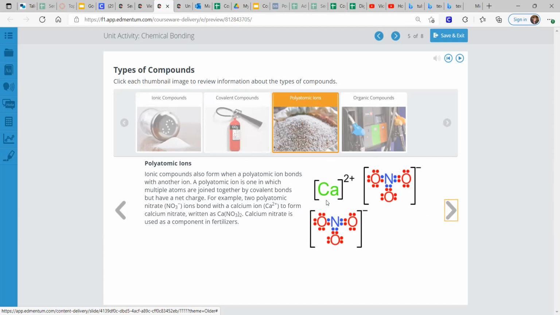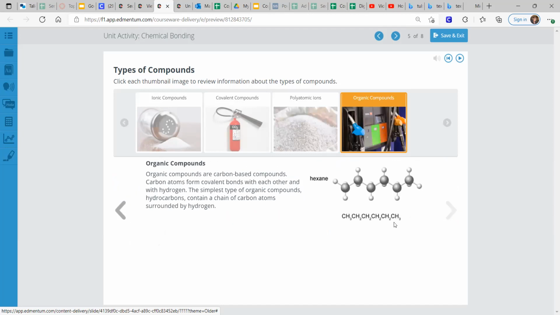See the calcium ion here, and then the two nitrates right here, and they form calcium nitrate. This is written as Ca, then parentheses, NO3, outer parentheses 2. Calcium nitrate is used as a component in fertilizers.